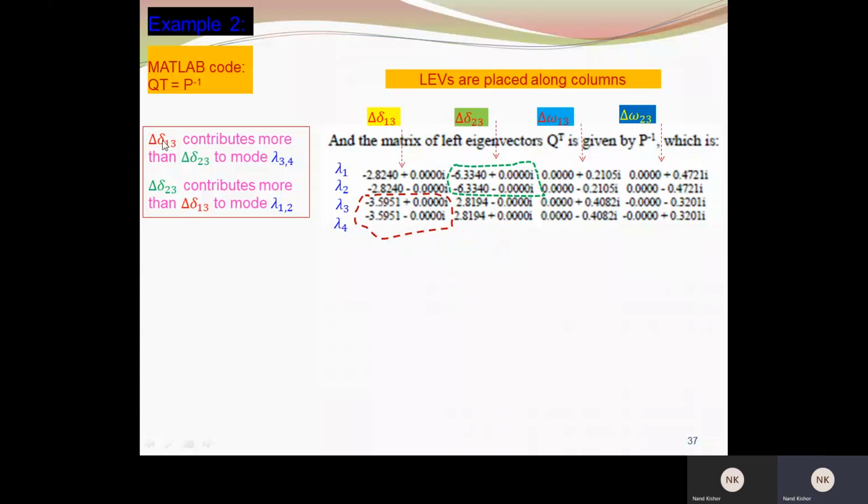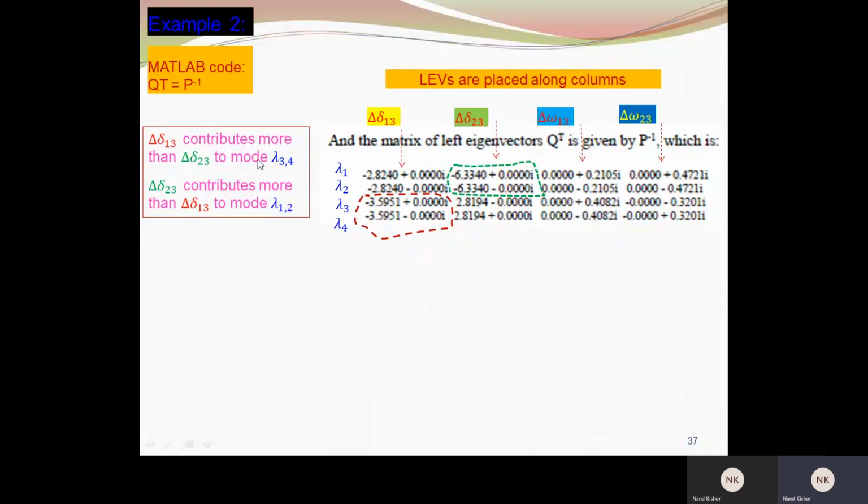So it can be said that with the left eigenvector, it is this state variable which will contribute more than this state variable to modes 3 and 4 here. So here you have lambda 3 and 4. The contribution of this state variable is more than this state variable for lambda 3 and lambda 4.